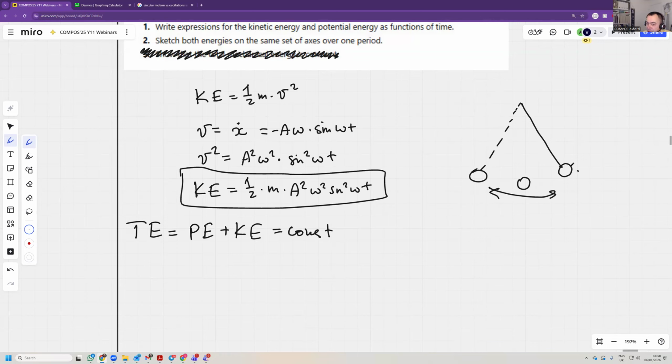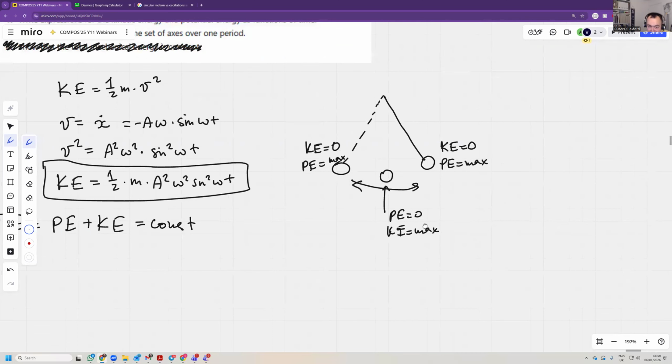At the top position, the kinetic energy is 0, but the potential energy is maximum. So in this position, identically, kinetic energy is 0, potential energy is maximum. But at the lowest position, potential energy is 0 and kinetic energy is maximum. But as we know, the total energy is fixed. We can safely say that the kinetic energy at the bottom is equal to the potential energy at the top.